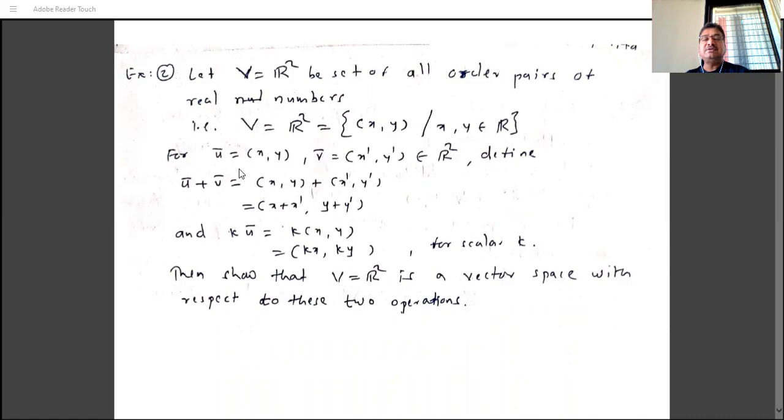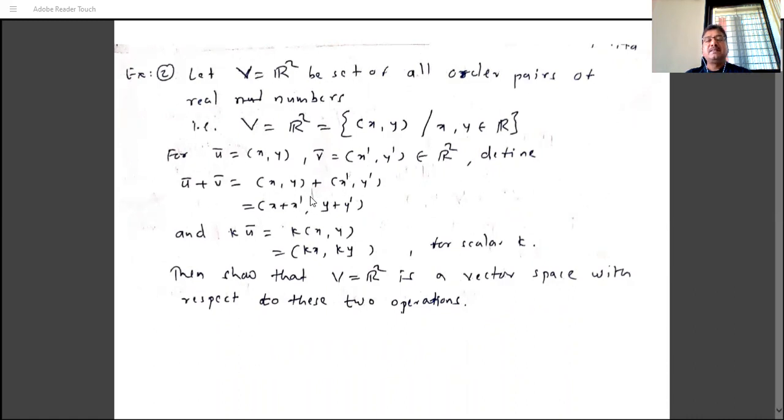And what is the definition of addition? For u bar as (x, y) and v bar as (x', y'), or we can take u bar as (x1, y1), v bar as (x2, y2); these are just notation. Define u bar plus v bar is equal to (x, y) plus (x', y') is (x plus x', y plus y').